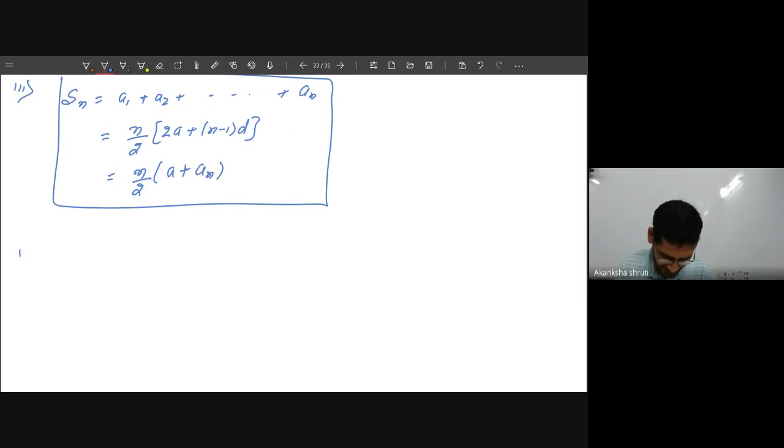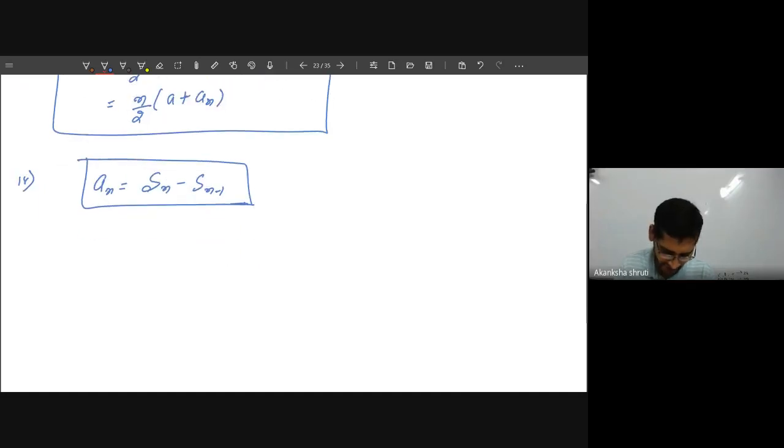The next thing that we have learned was that the nth term can be calculated by taking the difference of the sum of n terms and the sum up to just the preceding term. The same thing, and D is given by An minus A(n minus 1).